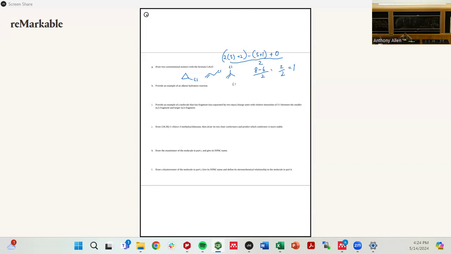How about that? Technically, then you could also do the isomer. Oh, whoops. I think that's all of it possible.